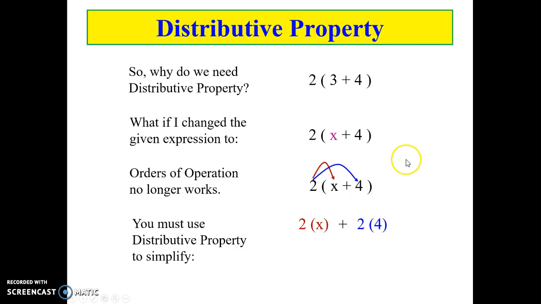If there were 3 or 4 terms in the parentheses, you'd multiply 2 by all of those terms. Now, if we simplify 2 times x, you get 2x, plus 2 times 4 is 8, and that's your simplified expression. There's nothing else you can do with it. Because there's no equal sign, you can't solve for x. That's all you can do.